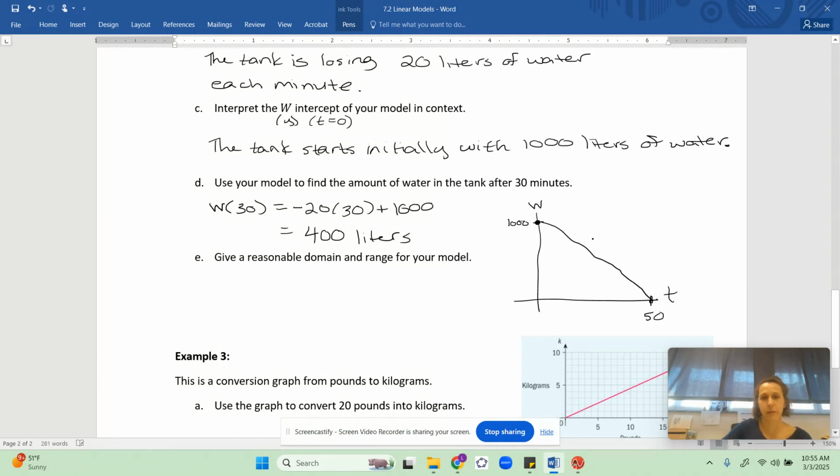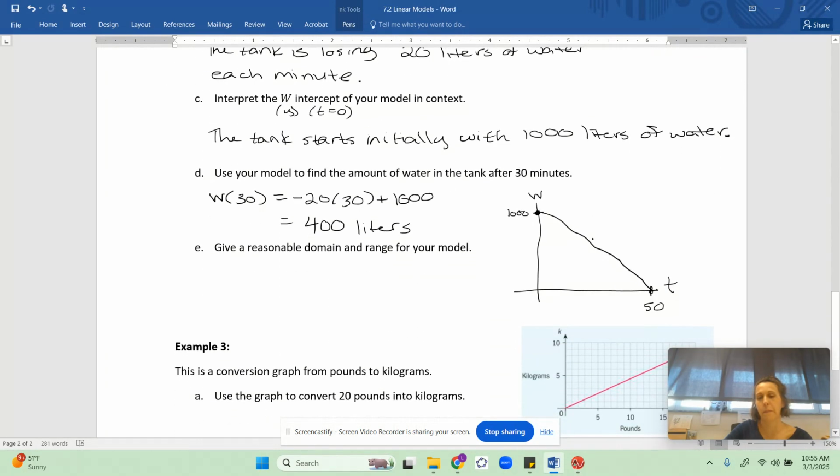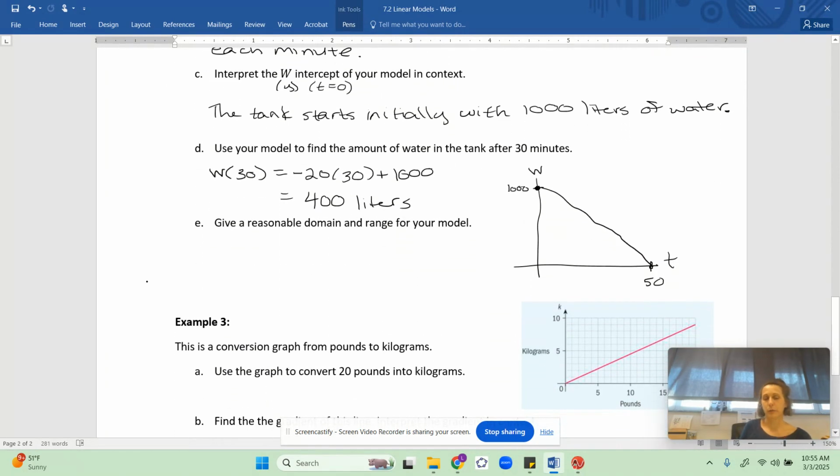Let's see, 50 minutes for the tank to empty, yeah. So what is a reasonable domain and range in context? The domain would be time, and a reasonable time would be from 0 minutes up to 50 minutes. We wouldn't want to go past 50 minutes because after 50 minutes, we would have negative water, which doesn't make sense. At 50 minutes, the tank is drained and we're finished.